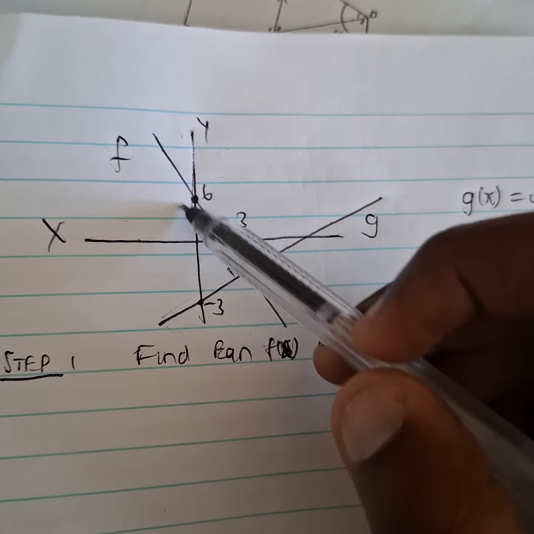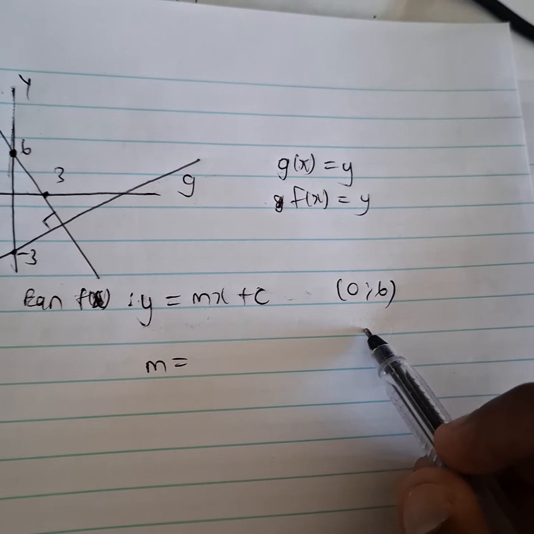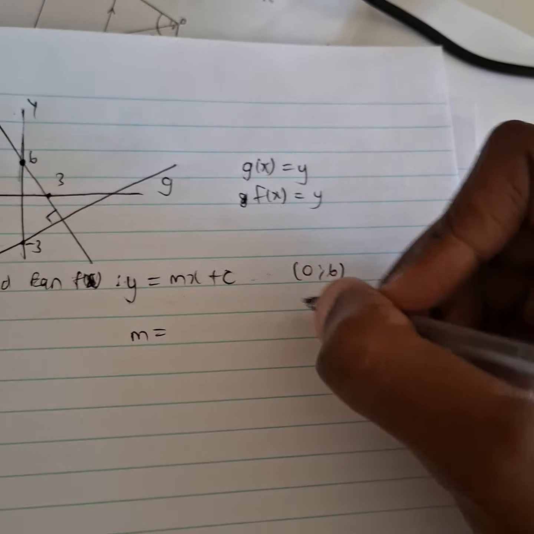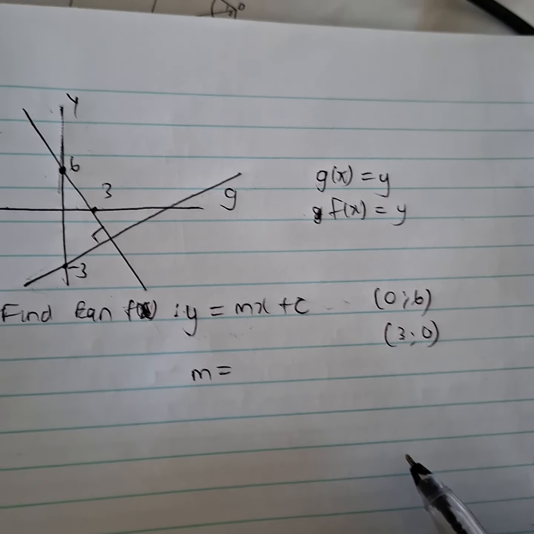So we have the y-intercept, which we know is (0, 6), and then we have the x-intercept, which is (3, 0).